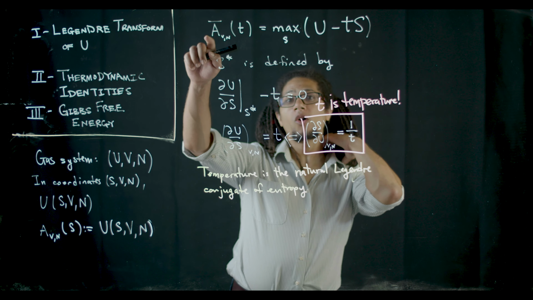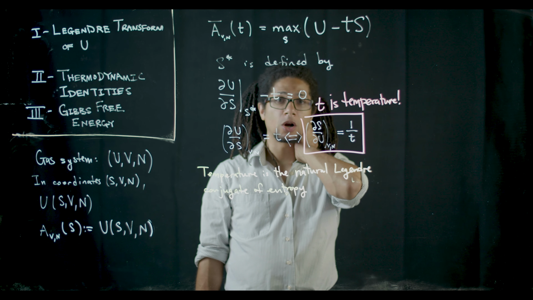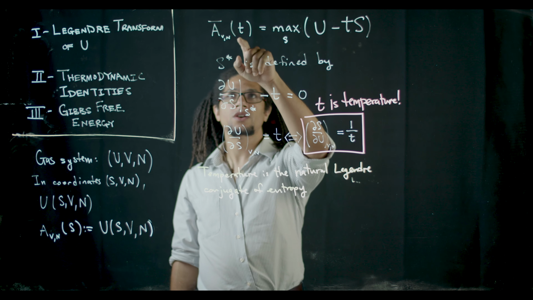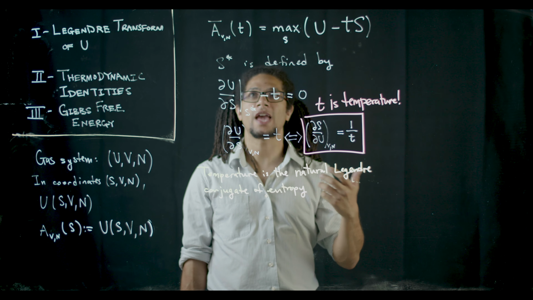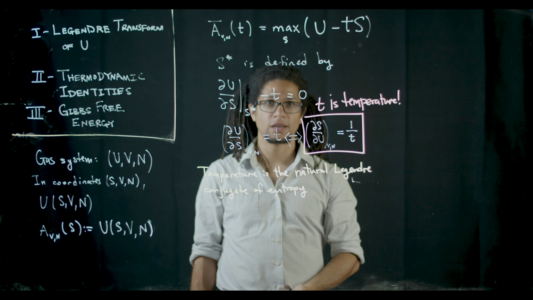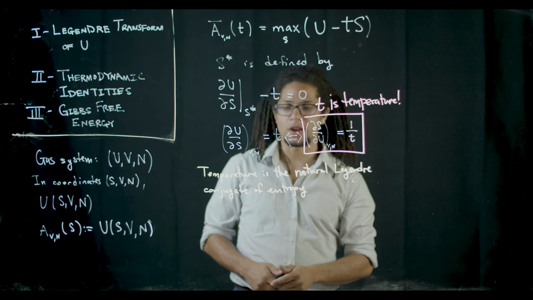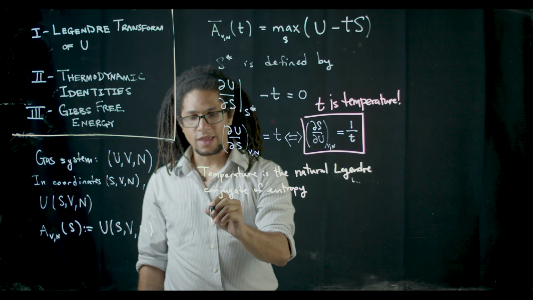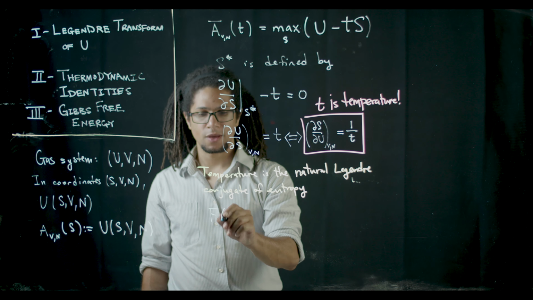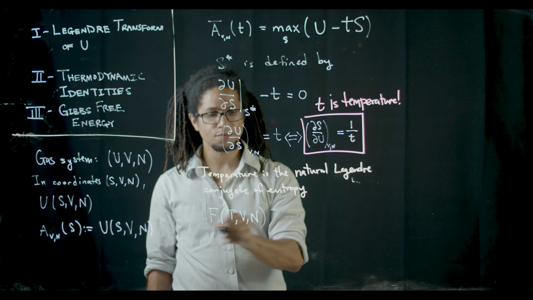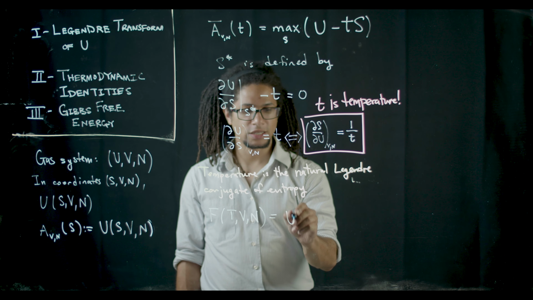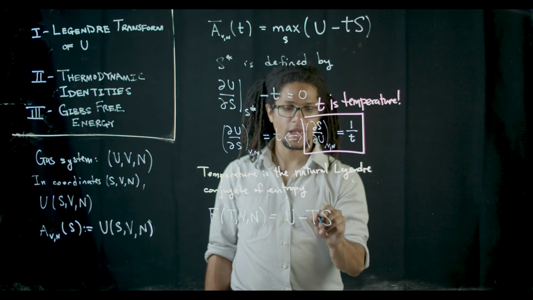Now, I've called this function A bar, and I've said that it's only a function of t, but I could have left it sort of as a function of V, N and t, and why not? Typically, that quantity is given the name F, and I will say of t, V, N. And that quantity is equal to U minus tS.